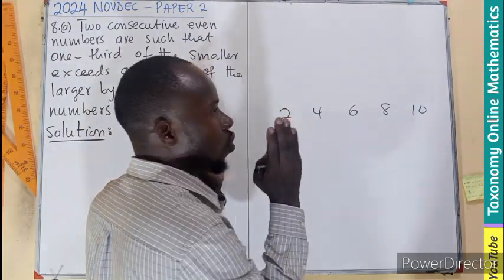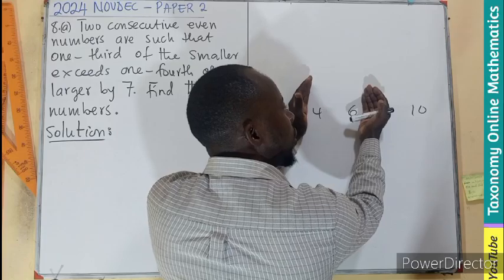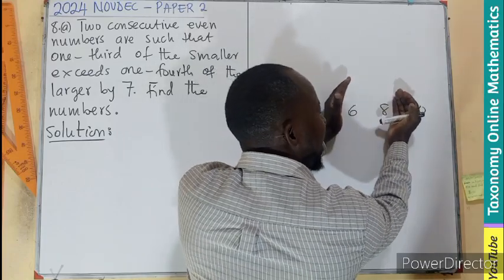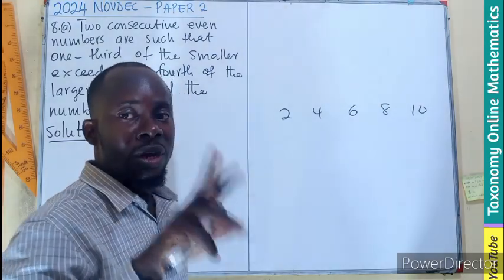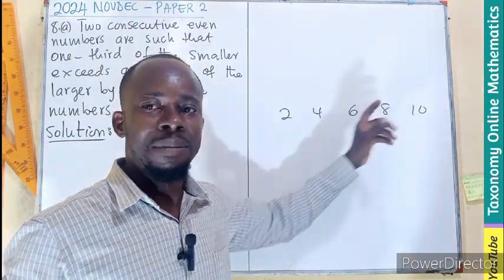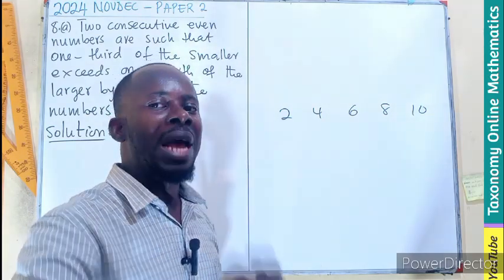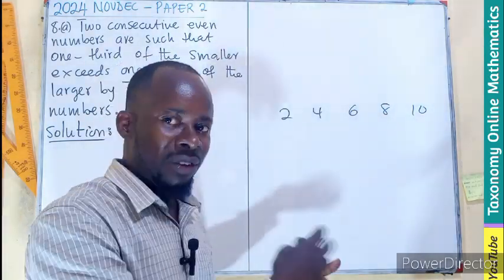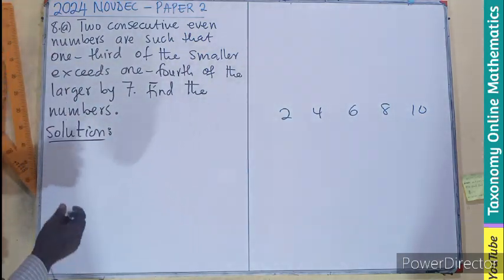So two consecutive even numbers will be 2 and 4, or 4 and 6, 6 and 8, 8 and 10. The difference between them is always 2. But in this case, we can't tell which of these numbers is the first number, because if I know the first number, I only add 2 to get the second. So it is unknown, and we indicate it by a variable.